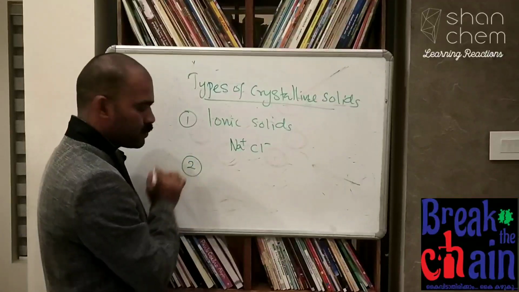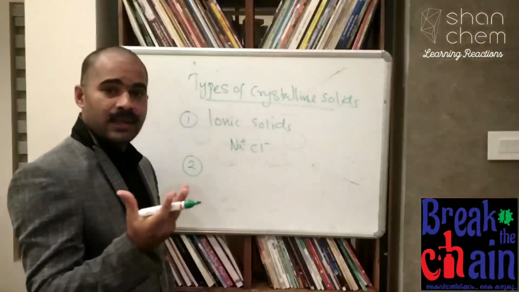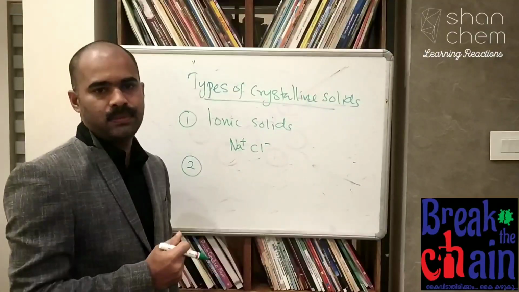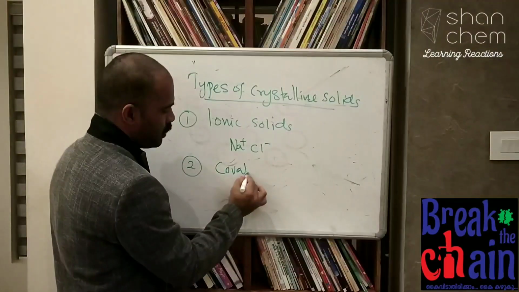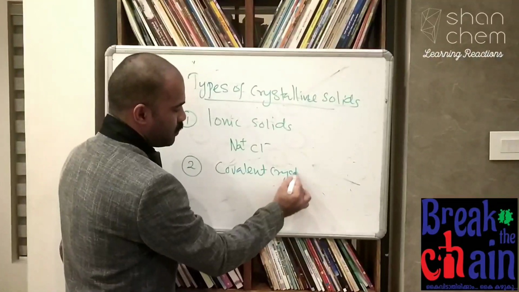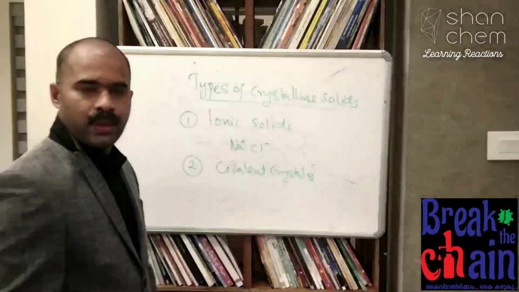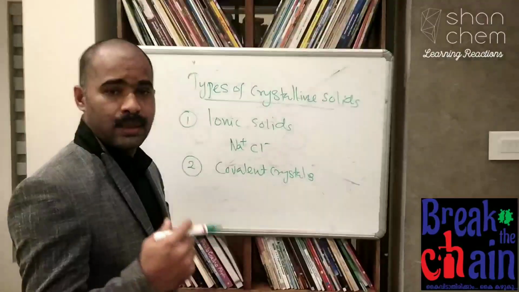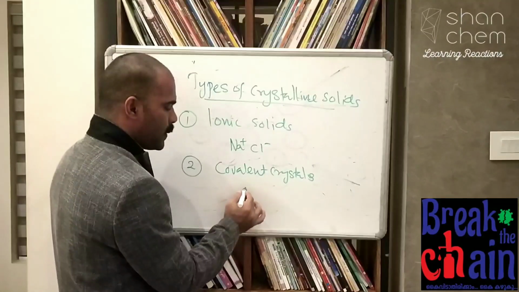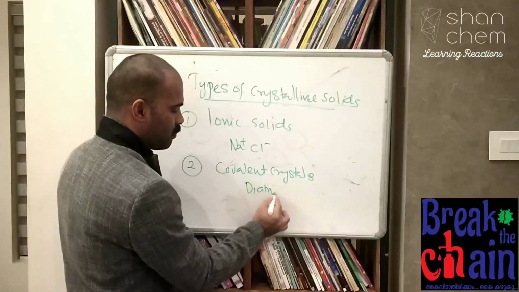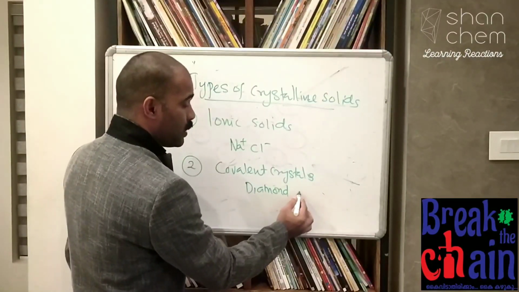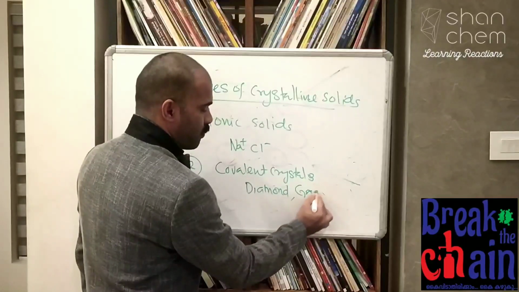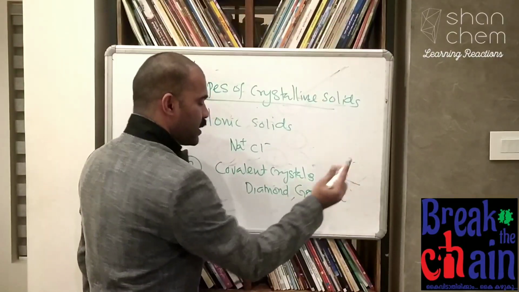And the second one: if the particles are atoms, the force will be a covalent bond. Therefore, they are called covalent crystals. Examples we have already studied in our first year P block elements chapter, that is diamond and graphite, etc. are covalent solids.